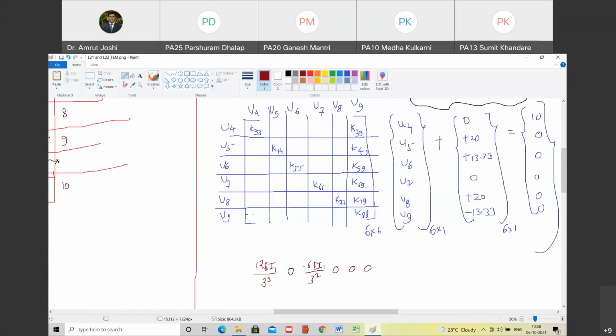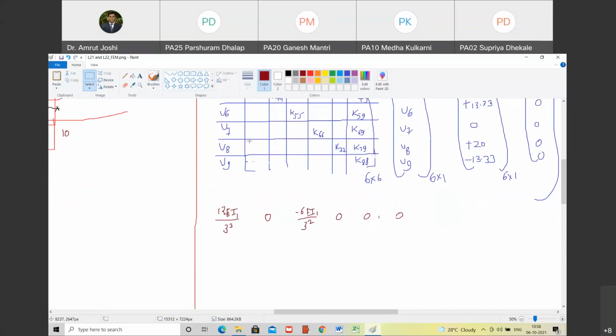Yes, sir. So let us keep some space here so that we will be able to comfortably write this matrix. So this is the first row of this matrix. Happy? Yes, sir.